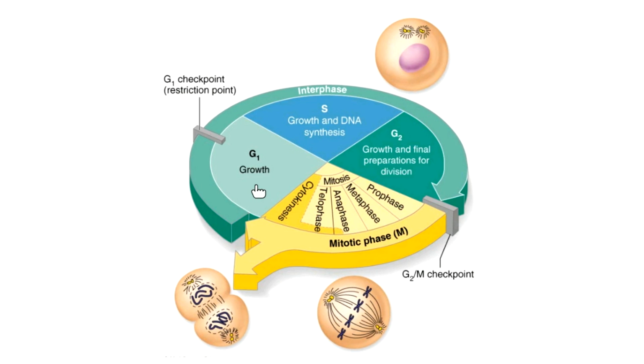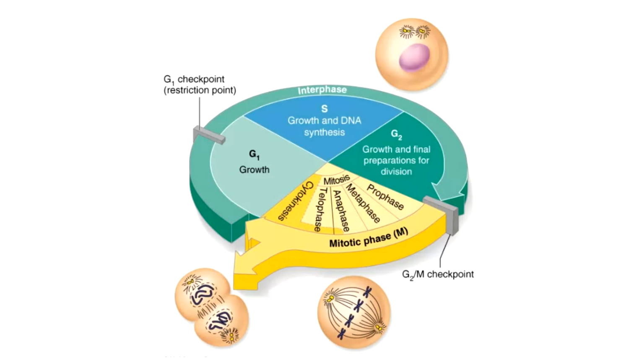Most of a cell's lifetime, as you can see from the size of these phases on my wheel here, is spent not dividing. And there's a term, you can see it on the image here. The parts of a cell's life cycle where it's not dividing is called interphase. Interphase is not a stage of mitosis.